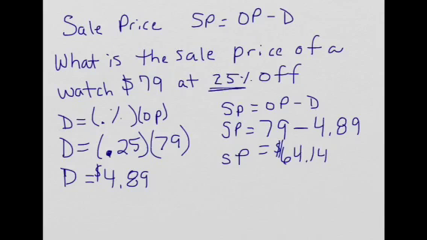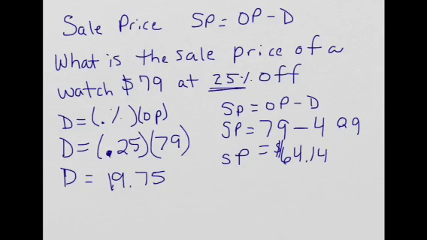Okay, let's go back. I need to correct my watch problem because when I punched in the calculator 0.25 times 79, I should have gotten $19.75. That's 25% of 79.